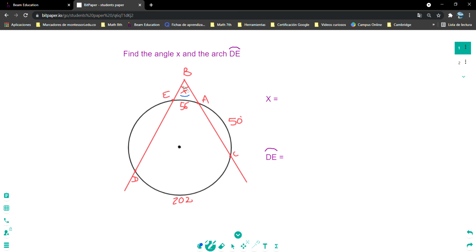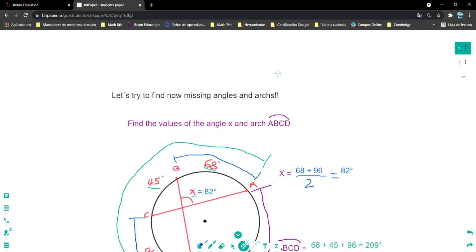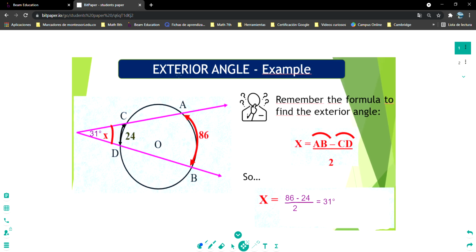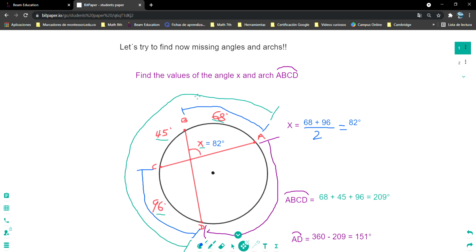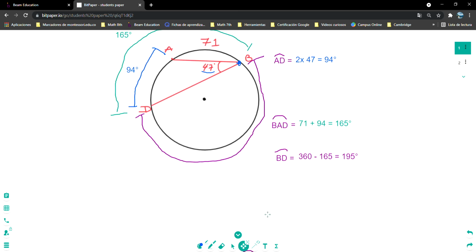So guys, let's start with the angle. Remember the formula from the last presentation: to get the exterior angle, we subtract the smaller arc from the greater arc formed by the exterior angle, divided by 2. We are going to use that right here.